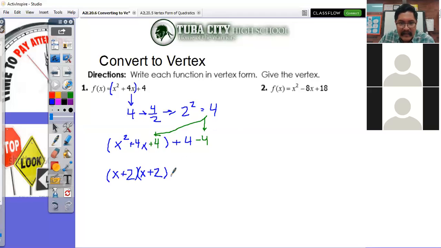And in this case here, I get, on the outside, 4 minus 4 is 0. Now, since these 2 bubbles are the same, I am going to write it and put it in vertex, function notation.